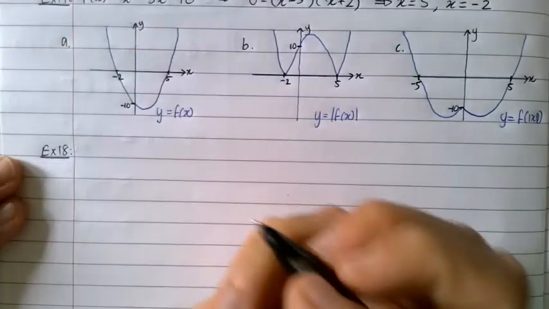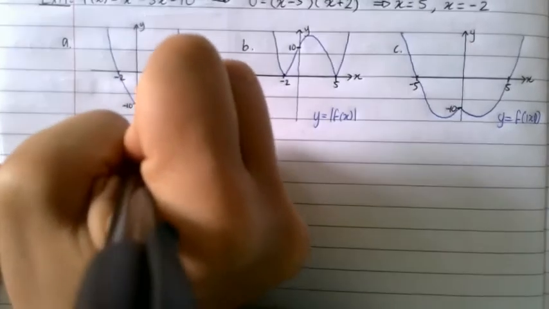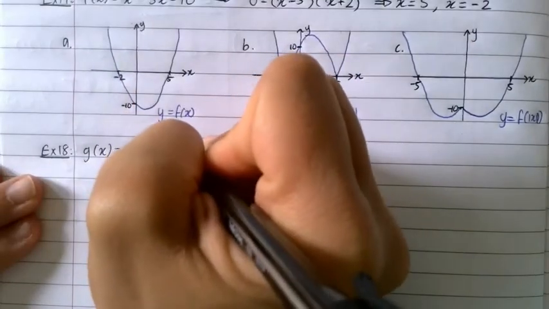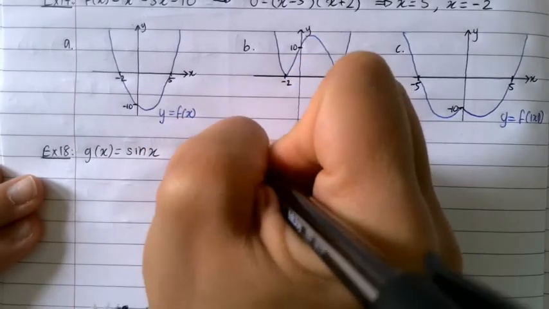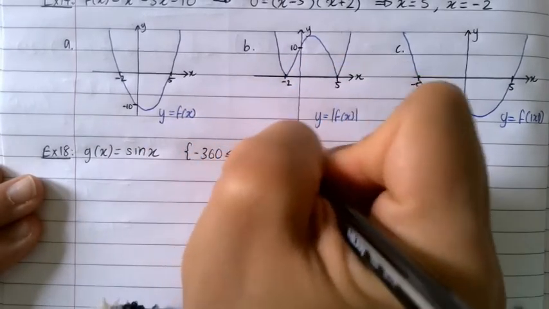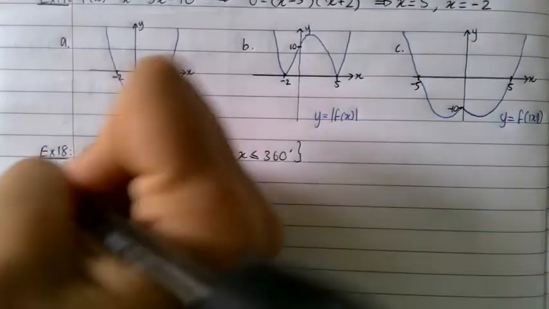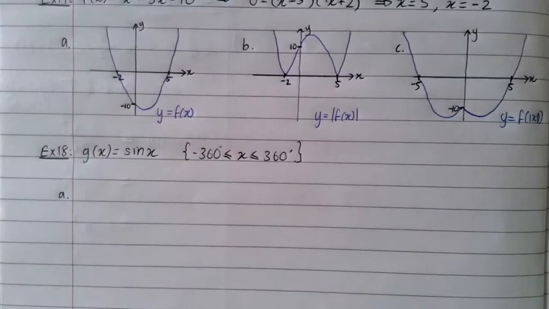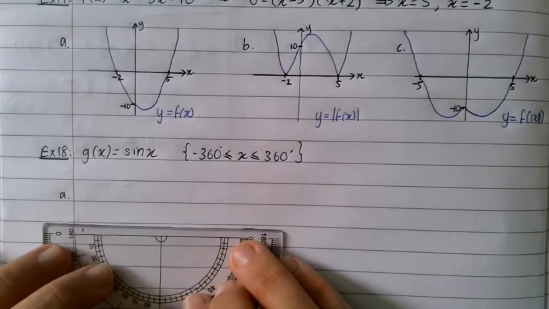So in example 18, we've been given g of x, and g of x equals sine x. And this is for x values ranging from negative 360 to 360. So part A, we'll sketch the graph of y equals g of x.